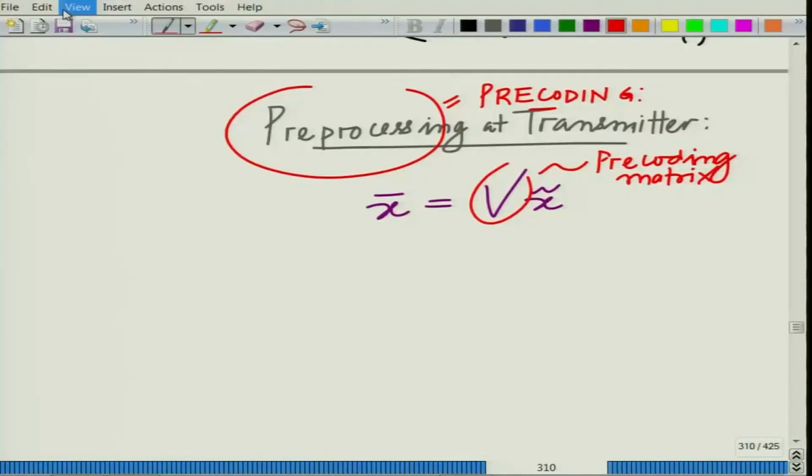You can think of x bar as the transmit vector, and this is your vector of modulated symbols.